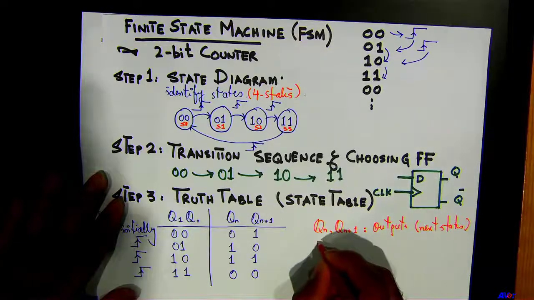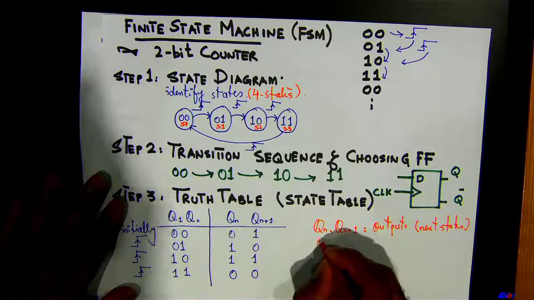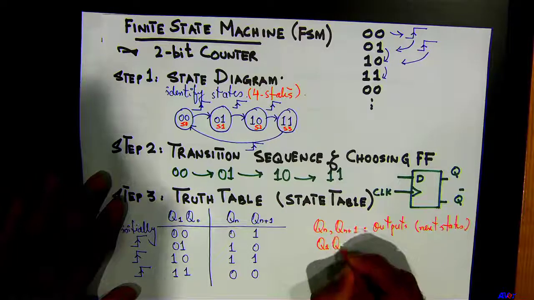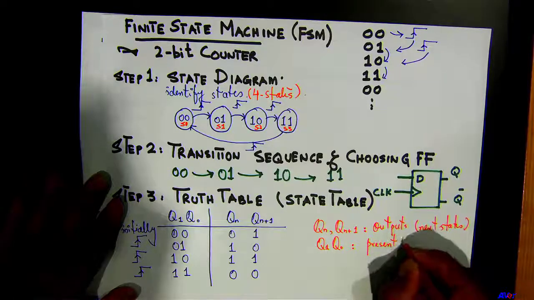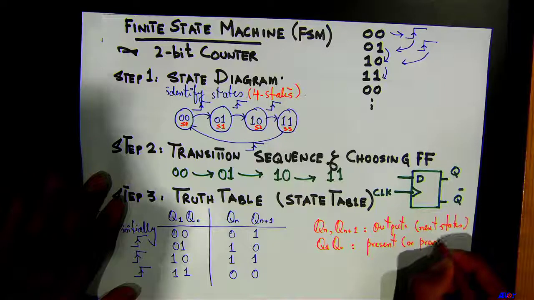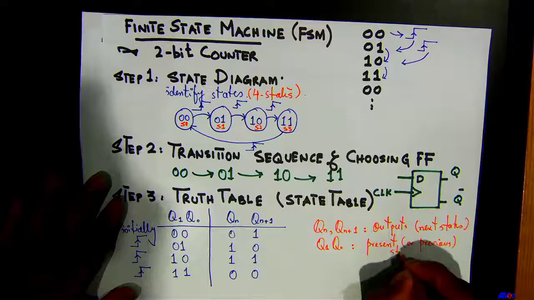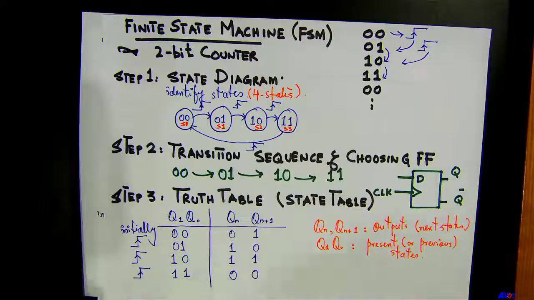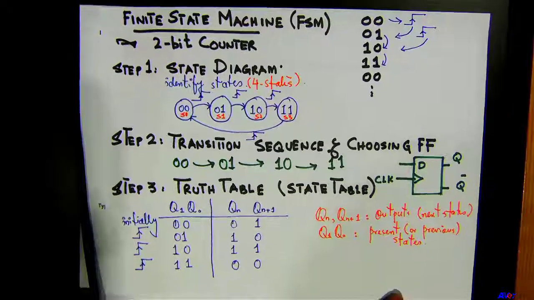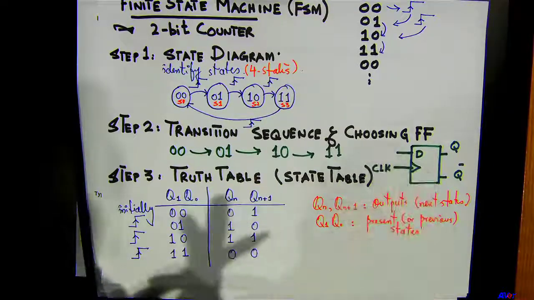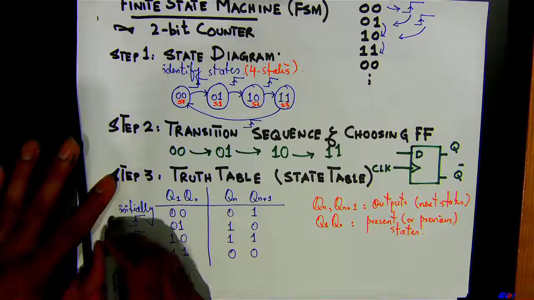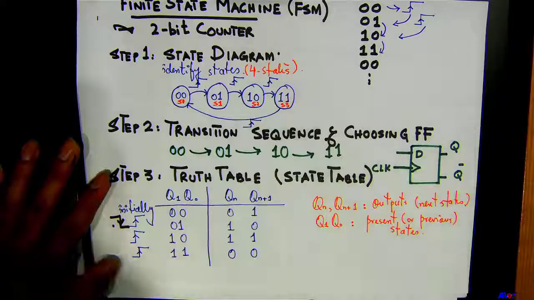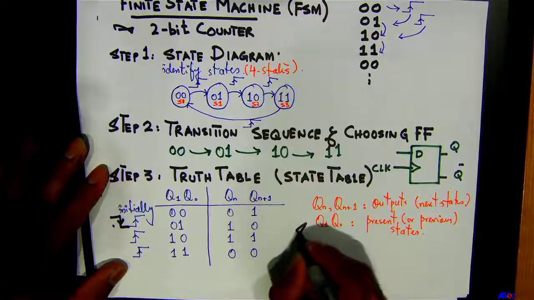Okay, and Q1 and Q0 are your present states. Okay. It will be this then. That's it.